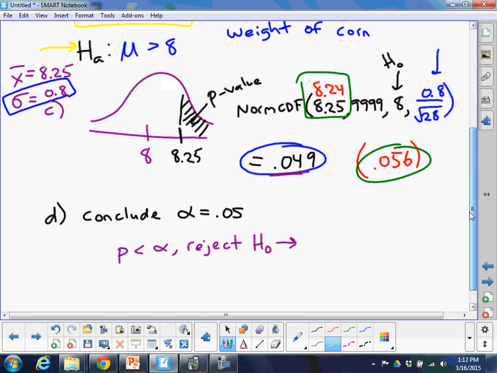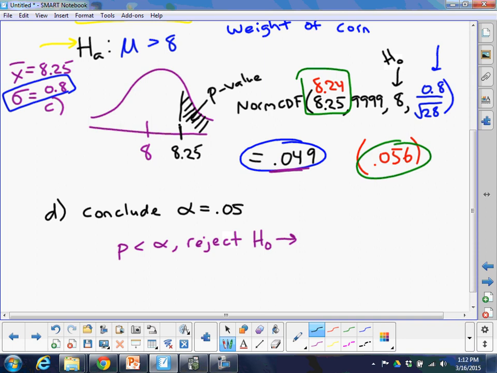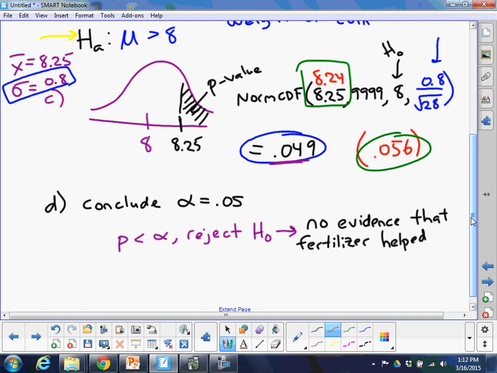So the first one, there's no evidence that the fertilizer helped. Okay, so that was using the 8.25 value.